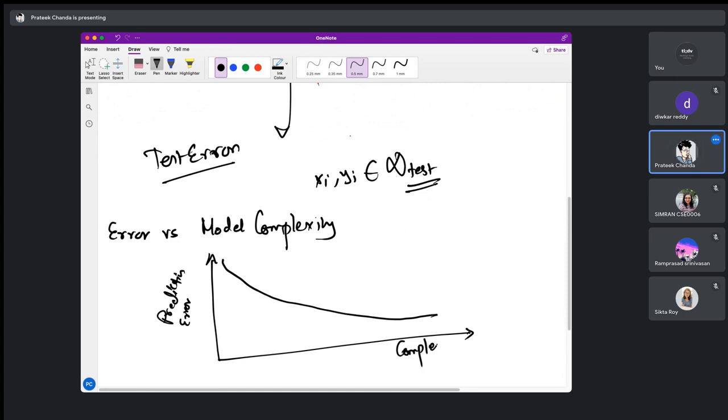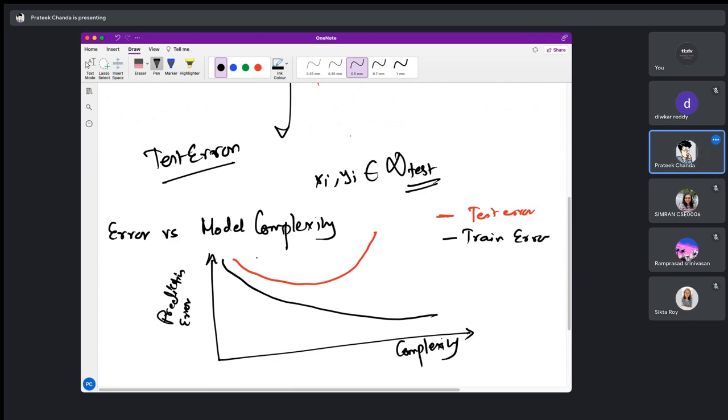This is my complexity, and I'm drawing two curves here. One is this thing, and one is in a different color. Red is my test error, and the black one is my training error.